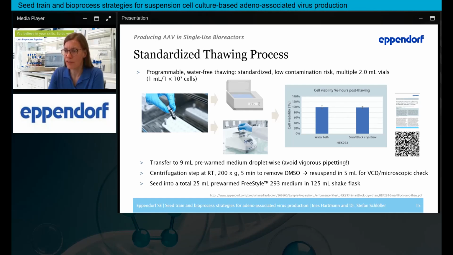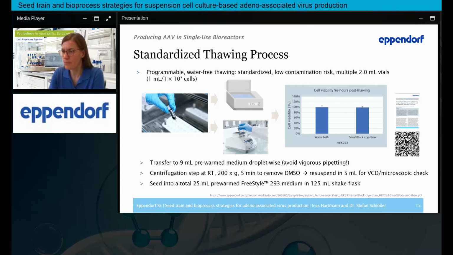We have a smart block you can click on, the smart block cryothaw, and this allows programmable thawing of not only one vial, but multiple vials. If you have 5 vials in a row, probably more is not handleable, you can do it in parallel and prepare, for instance, your biosafety cabinet or your workspace for the later process.